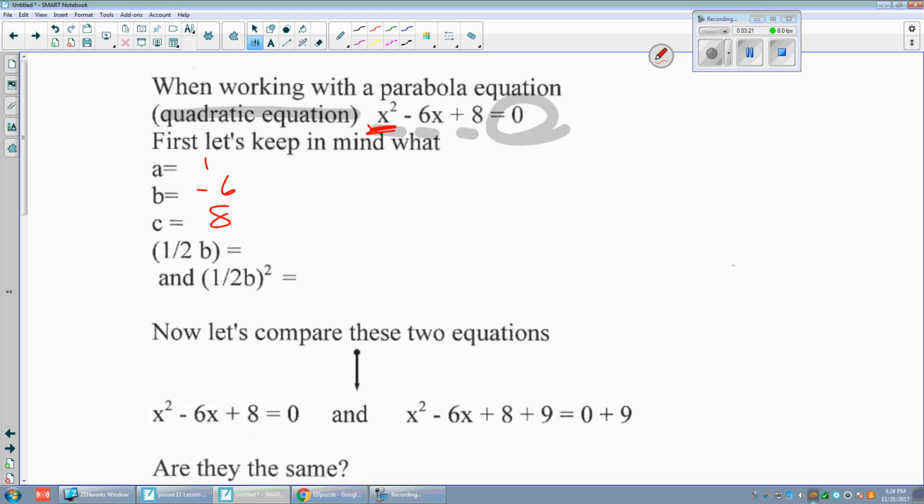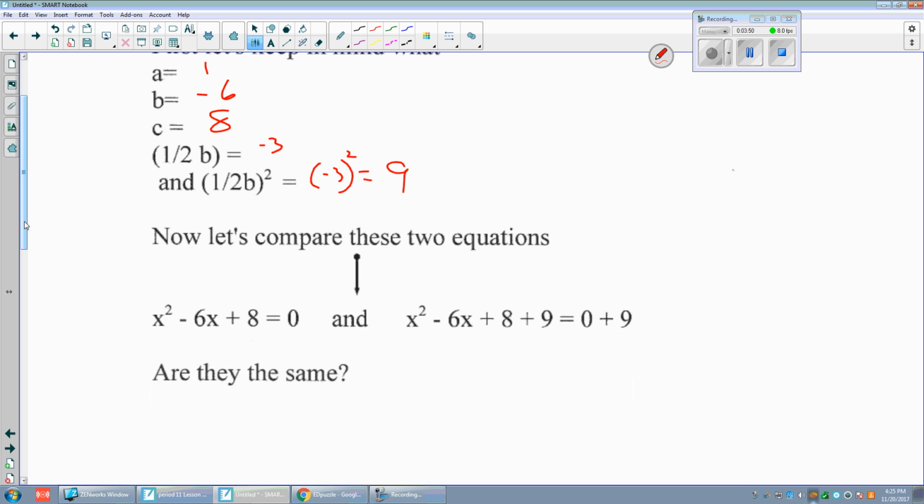A, the number in front of the x squared, b, the number in front of the x, c, the number without a variable, as long as it equals 0. We know this. We've been doing this. Half of b, half of negative 6 is negative 3. Now, negative 3 squared, I put it in parentheses because you have to, otherwise your calculator lies to you, is positive 9. Got it.